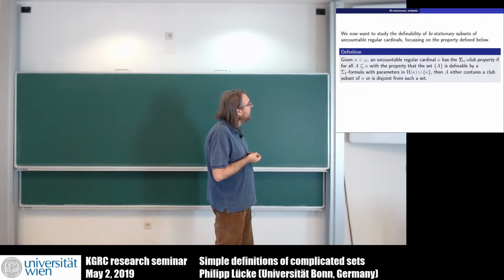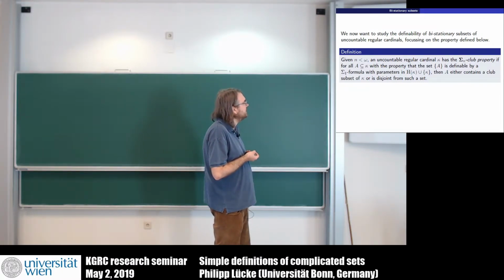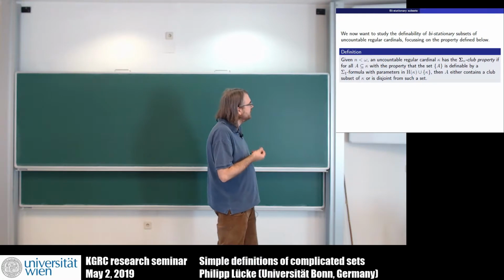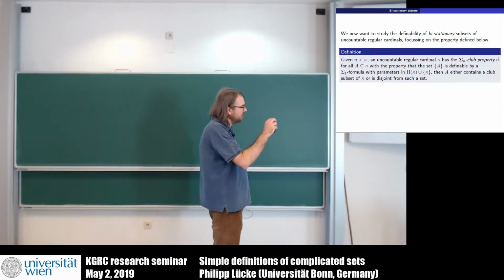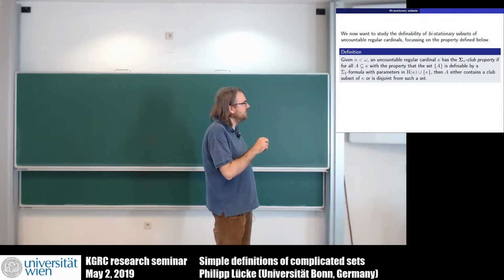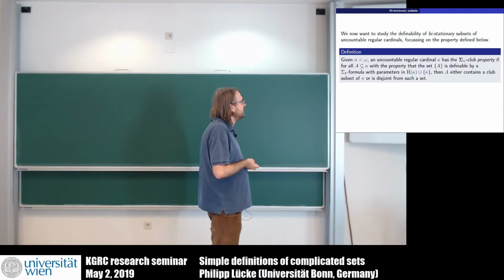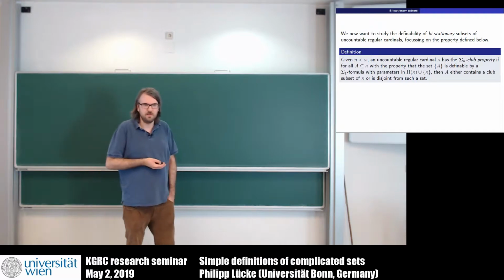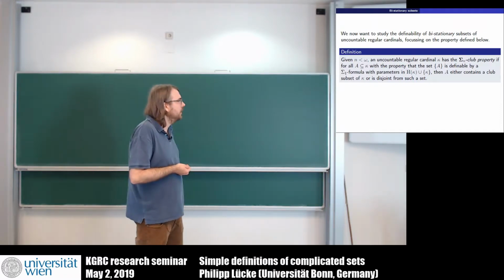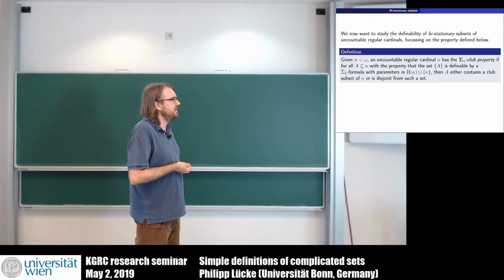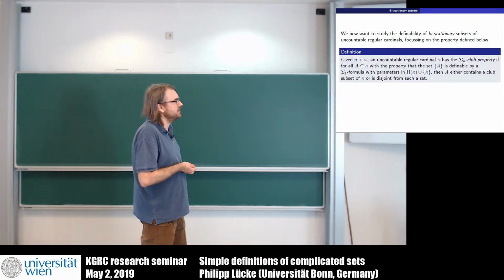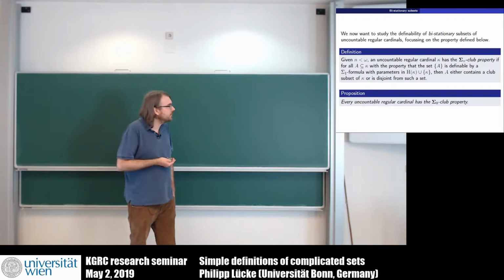So what I'm saying is that whenever I take a subset of kappa and the singleton is definable by a sigma 1 formula with parameters in H kappa and also kappa as a parameter, then this set either contains a club or is disjoint from a club. So in some sense, the club filter is an ultrafilter with respect to sigma n definable subsets.